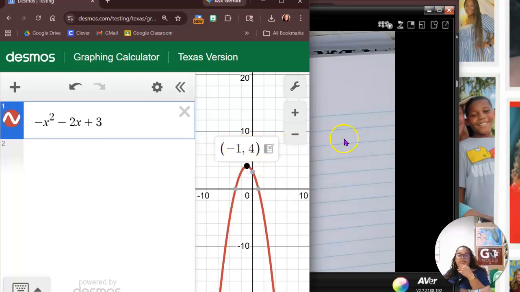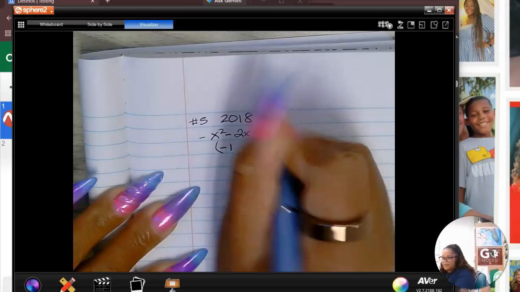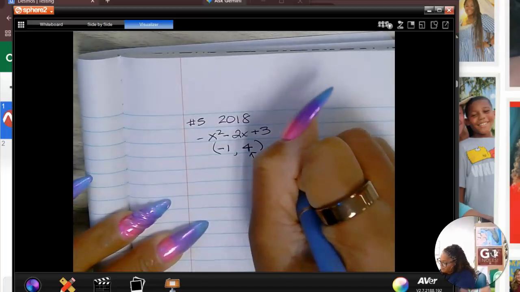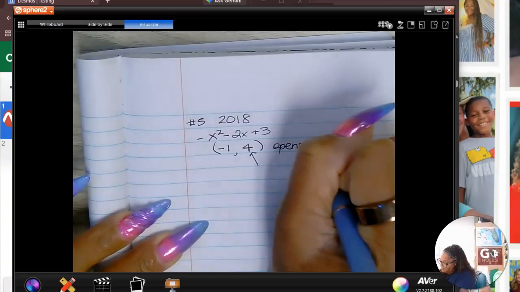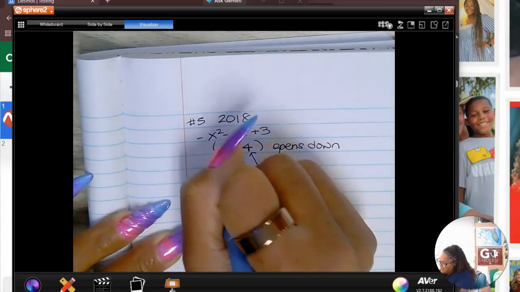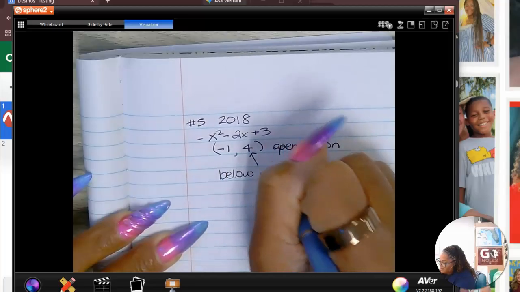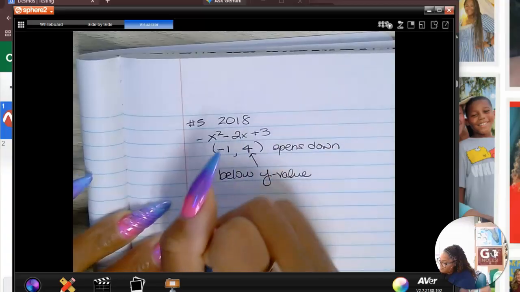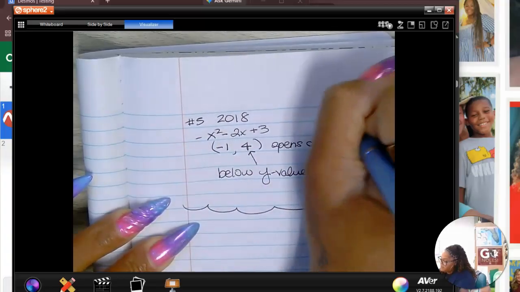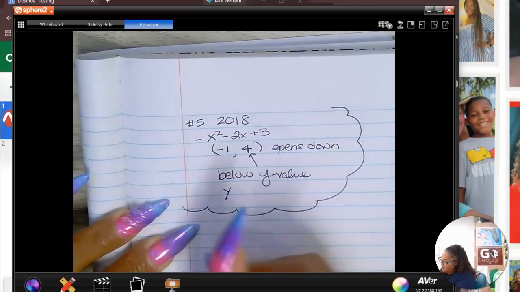And then my vertex is negative 1, 4. And then it opens down. So I need to find an answer that tells me below the y value. So it's going to be y, and then a symbol, and then a number.